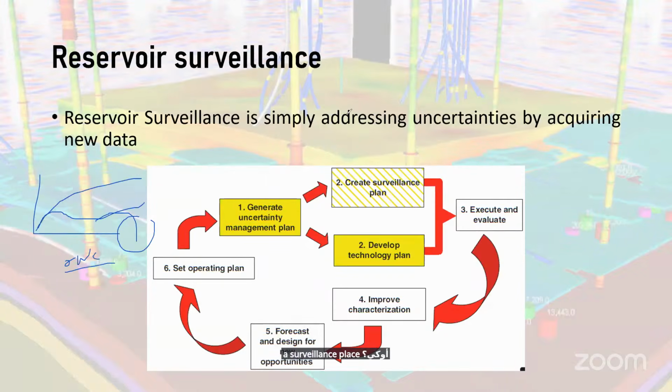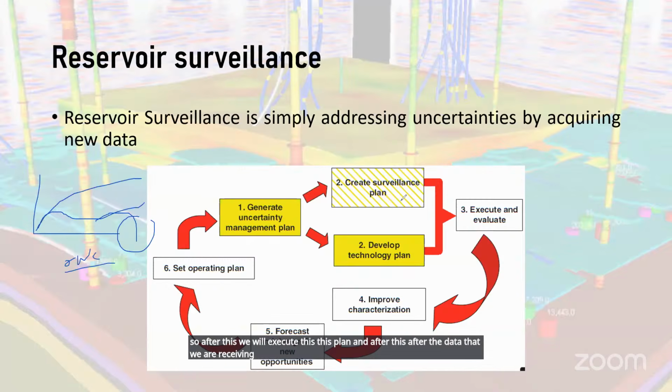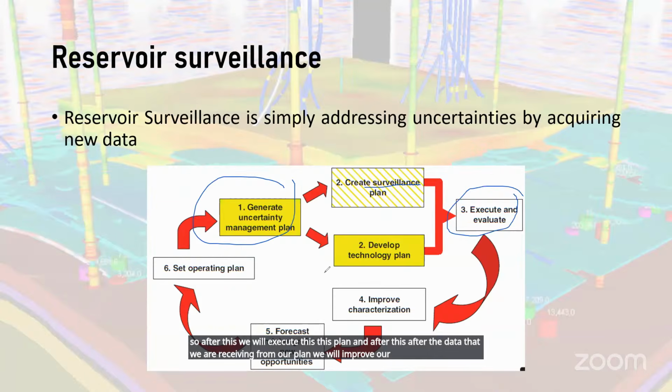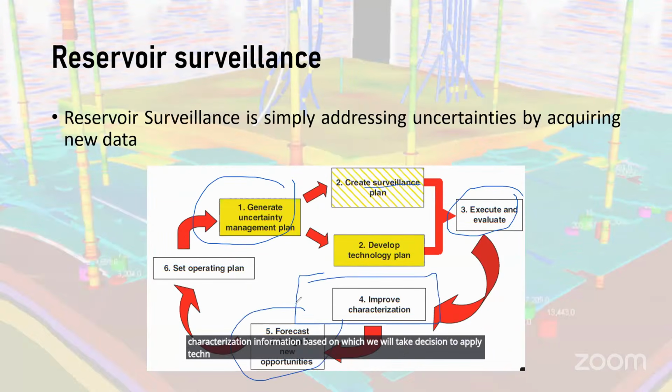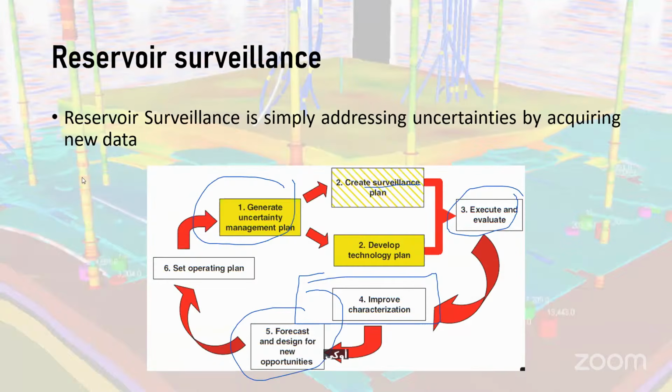After this, we will execute this plan, and with the data that we receive from our surveillance plan, we will improve our conceptual model and our reservoir characterization information. Then, based on that, we will take some decision to apply some technology, to do some workover, to drill additional wells, and so on.